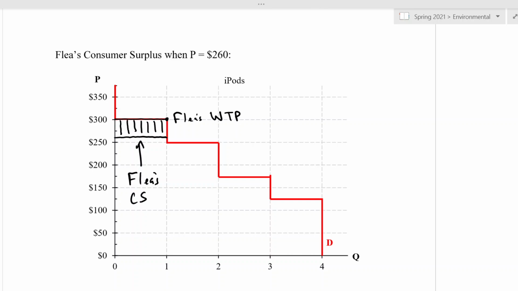So he is better off because the price is lower than what he would be willing to pay. In terms of economic well-being, Flea has $40 worth of economic well-being. And in this case, that's the area of that little box. Normally it's not a box, but we'll get to that.